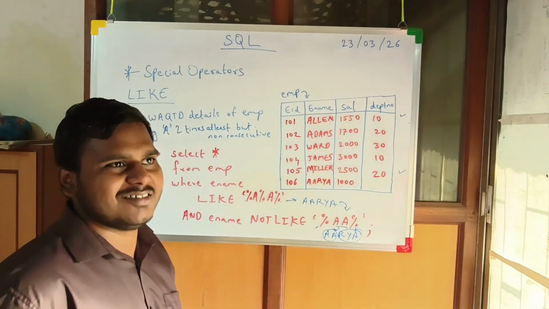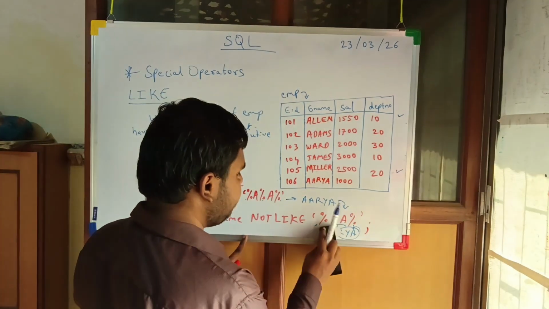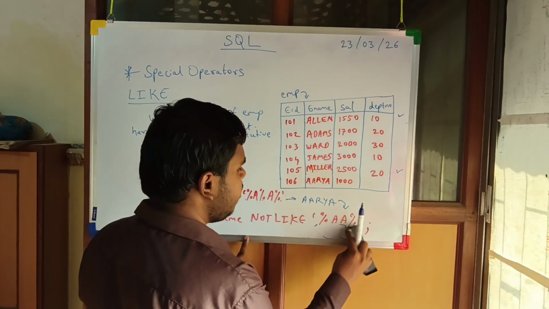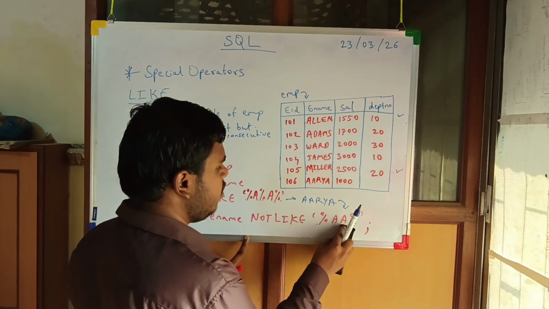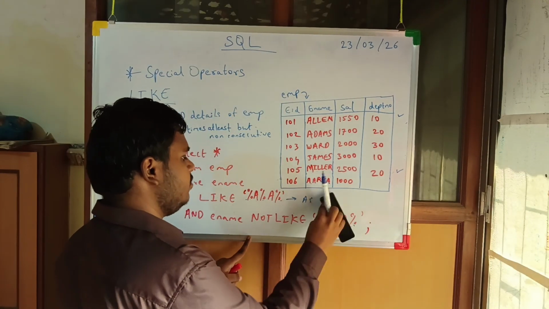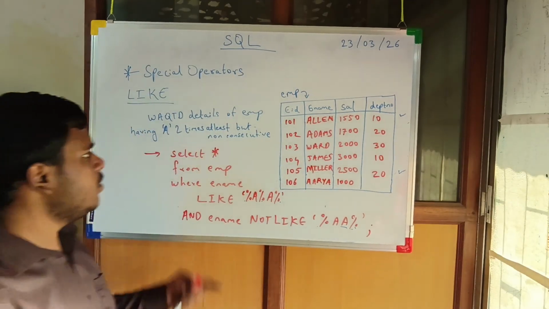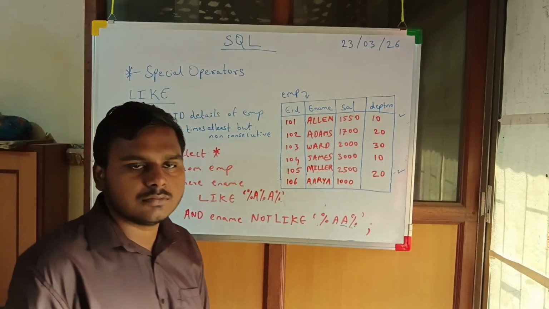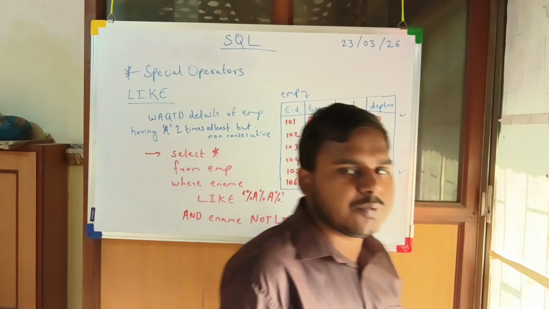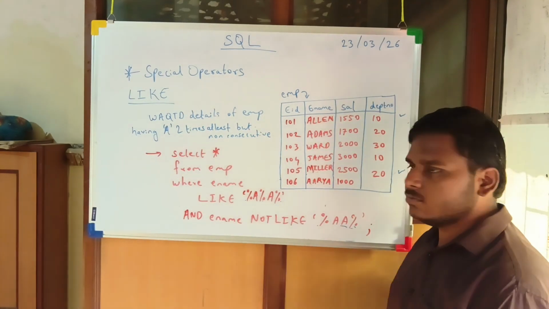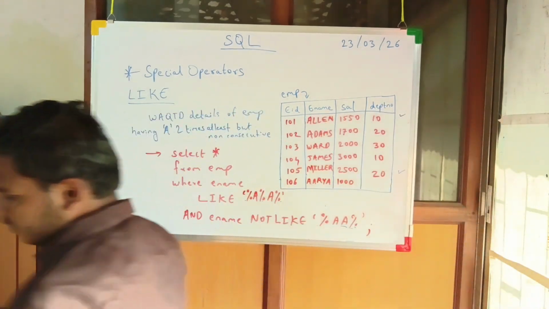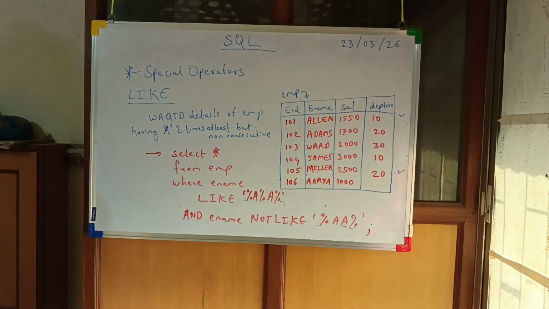Only then will it show the output. To avoid the consecutive, I am already mentioning I don't want the consecutive. This is how it will work. I hope you got the query. I think the query is visible to you.